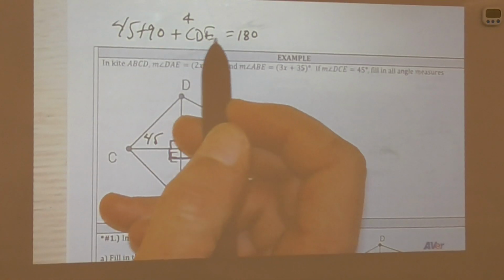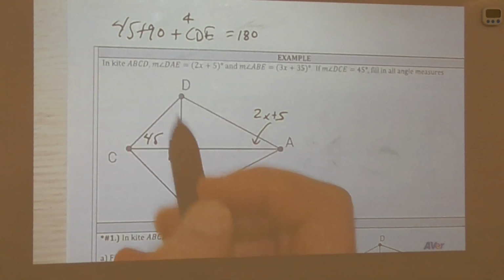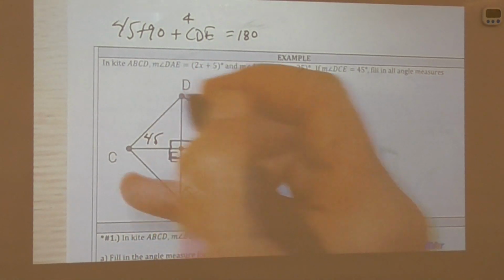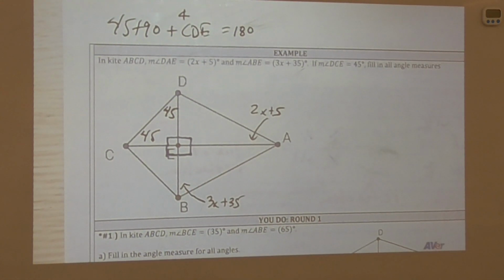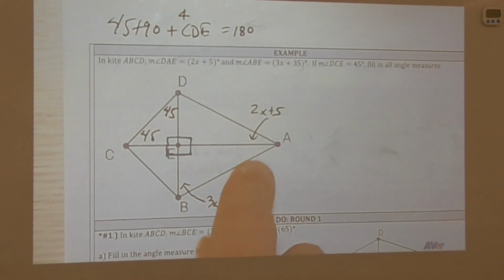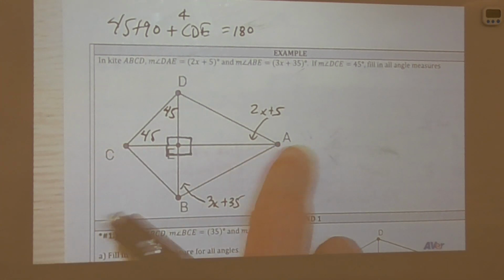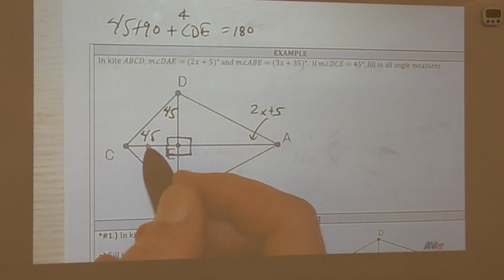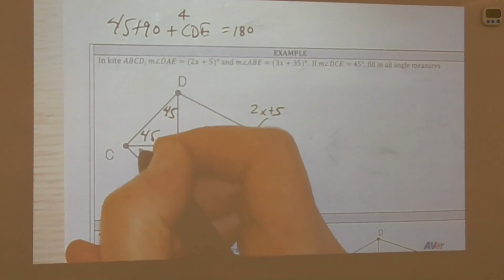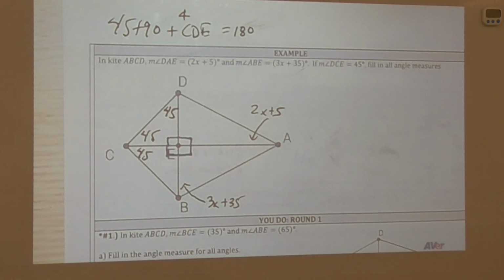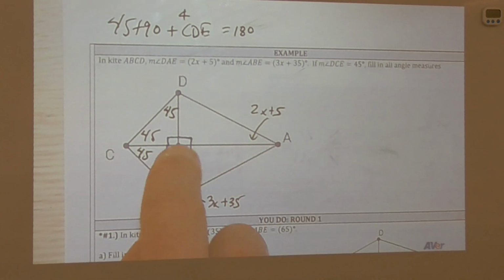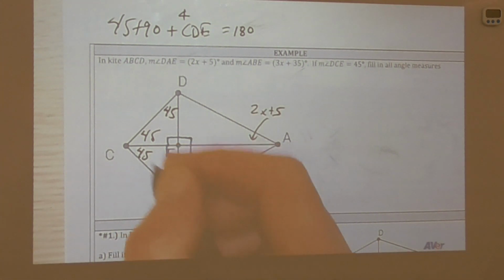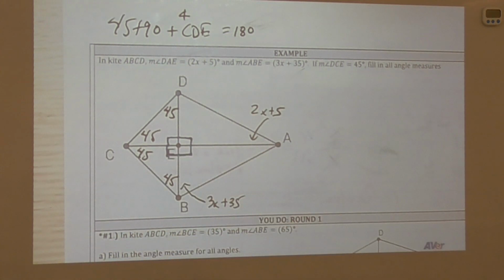When I add these angles and subtract from 180, I will find that I also have a 45-degree angle here. Then we said that this long diagonal bisects its angles. So that means that this angle is also 45 degrees. That means that this angle, so then we have 45 and 90 again, so then this angle must also be 45 degrees.